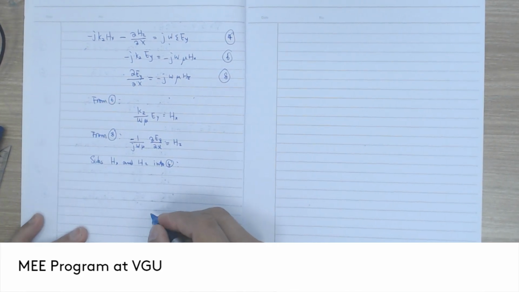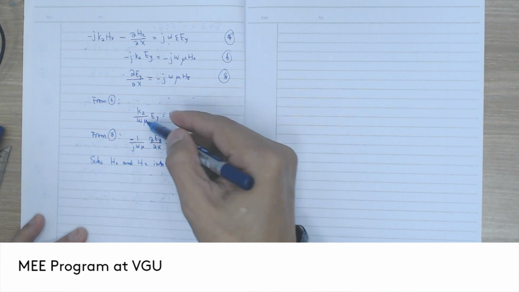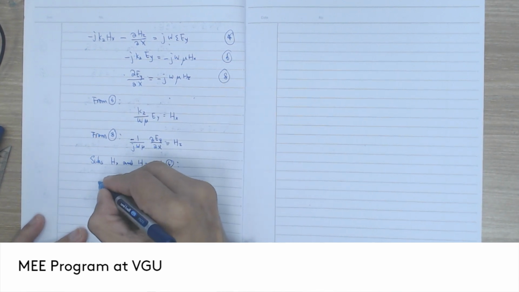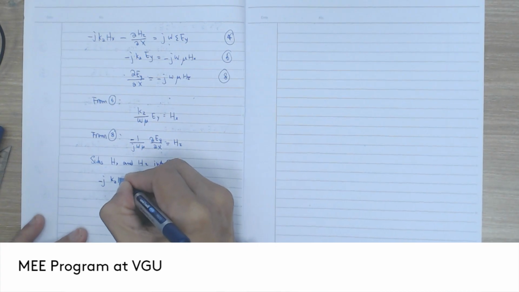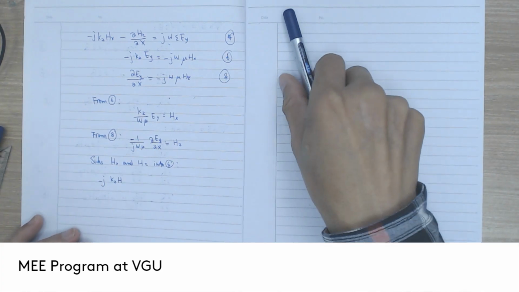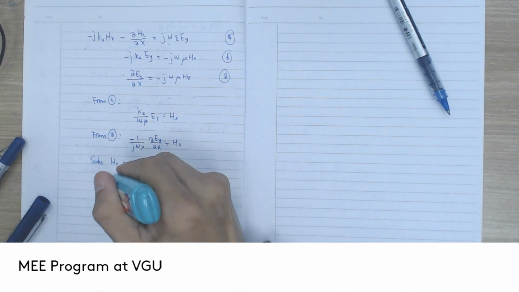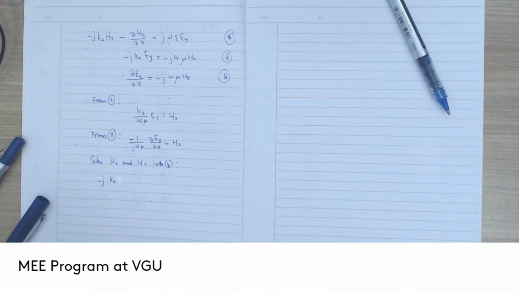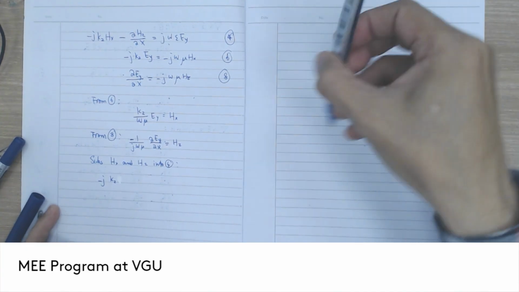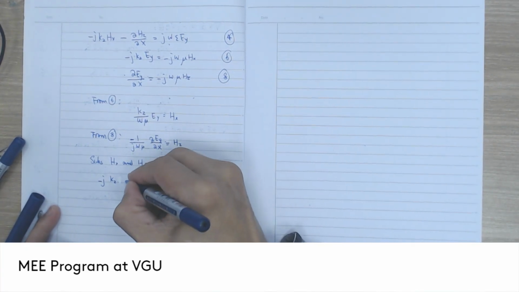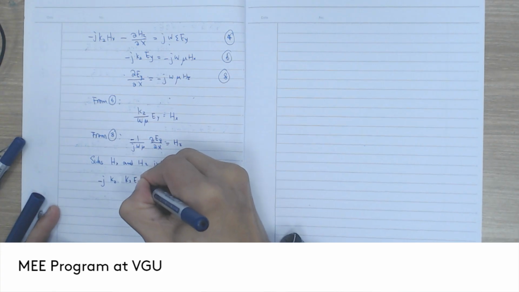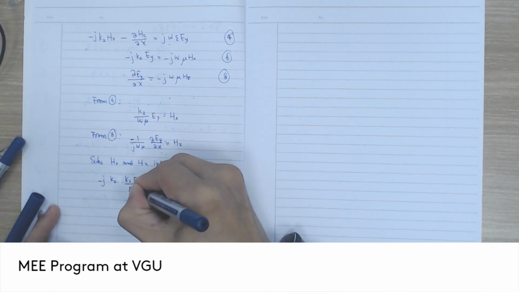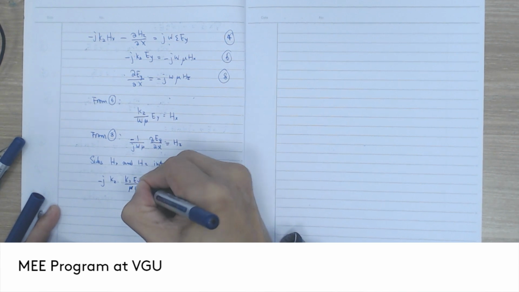And let's see what we can get. If we do that, then we will get k z e y omega.